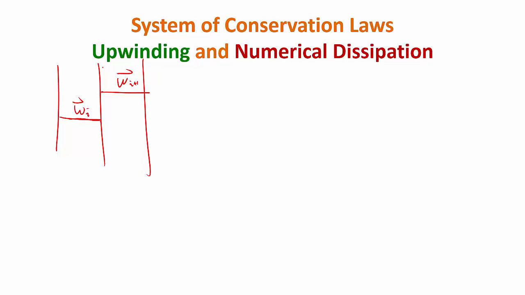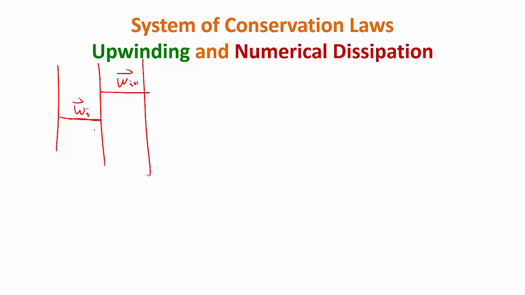You have two variables on each side, so there are four different numbers you have to consider in order to solve this Riemann problem. And if you have a three-, four-, or five-dimensional system, it's very complicated. There are special cases you can work out, like for the Euler equation, but in general, it's very hard.